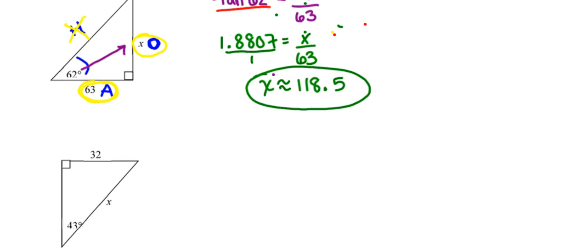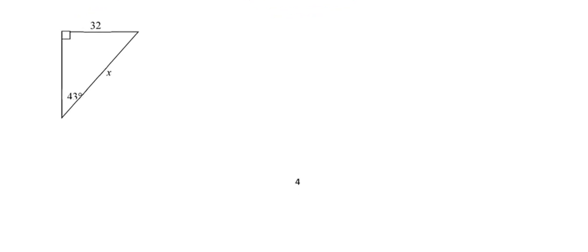All right, and then in the last example, my hypotenuse in this particular case is represented by x. My side opposite the angle that I'm working with is the 32. My leg adjacent to that angle is the one that is not distinguished either by x or by 32.